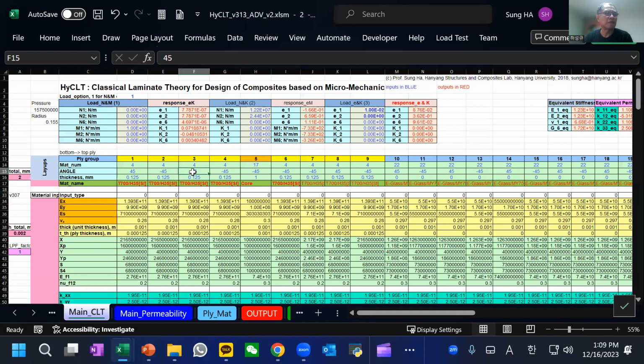Yeah, this is not perfectly symmetric. This is minus 45, and this has to be 45, and this has to be minus 45, and this has to be 45. If the total is not quite symmetric, there is always a coupling term.